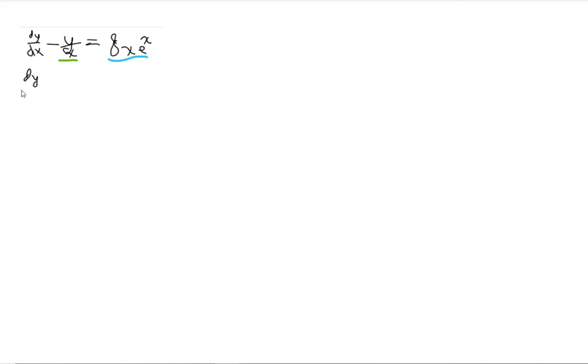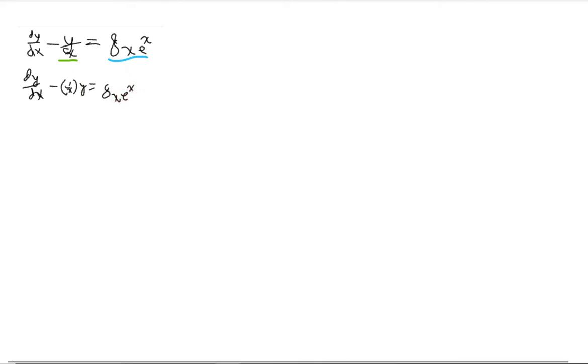Now, I'm going to rewrite the equation like this. You basically want to separate your y and x. We're going to change this to 1 over x times y, and that equals 8x e to the x.